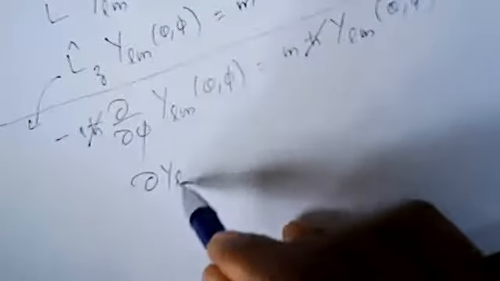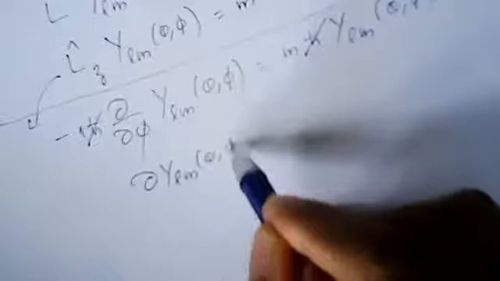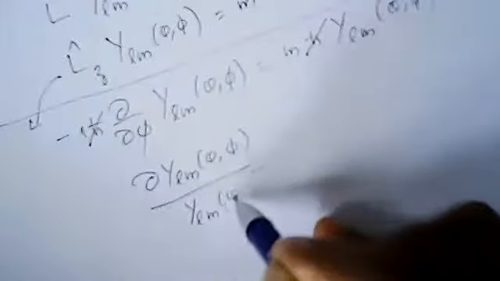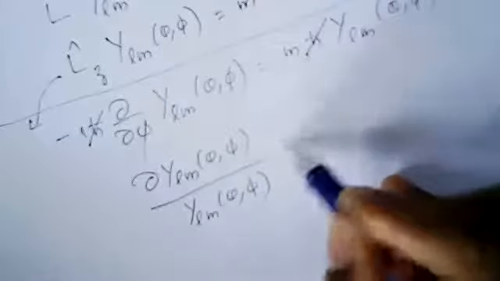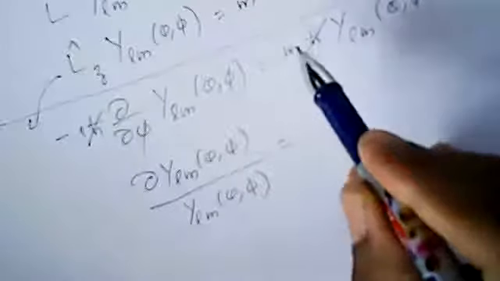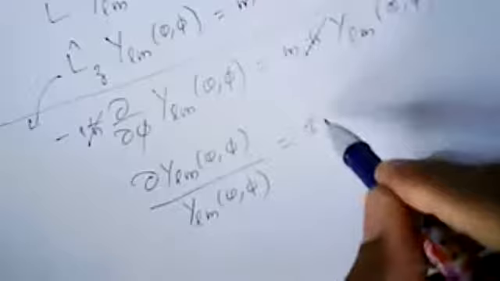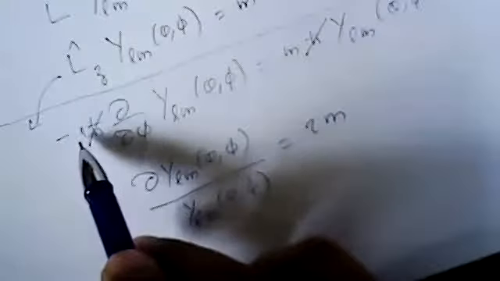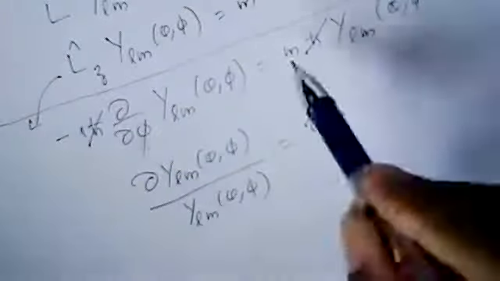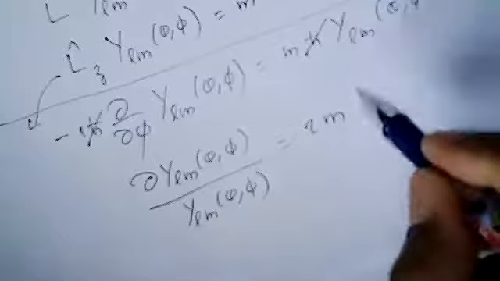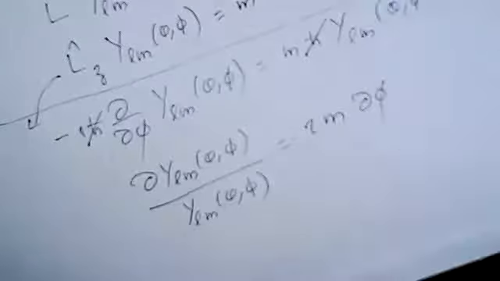Then what remains is dou Y_lm theta phi divided by Y_lm theta phi equal to i m. You multiply by i on both sides, so here it becomes plus 1 and here it becomes i m, so i m into dou phi.